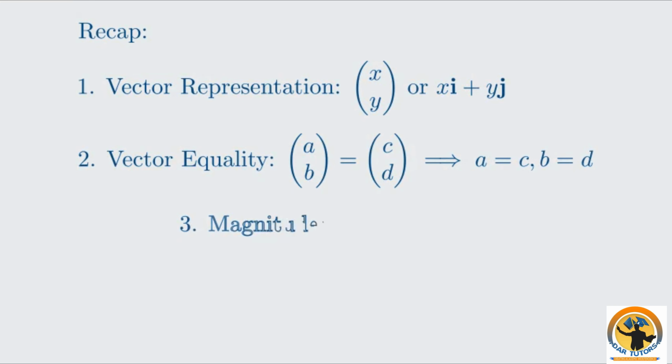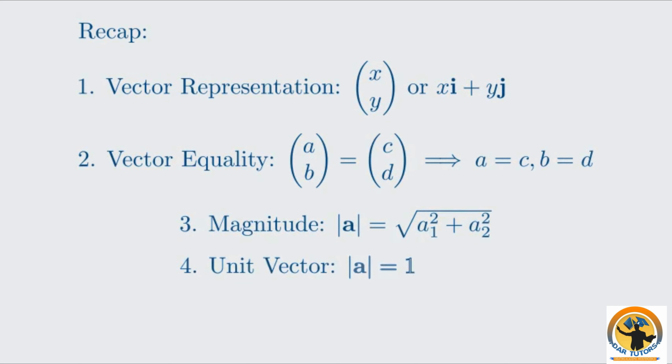Finally, we learned how to calculate the magnitude or length of a vector using the Pythagorean theorem, and we defined a unit vector as any vector with a magnitude of 1. These concepts are the building blocks for all of vector geometry and will be crucial as you progress in your IB studies. You are now able to define and represent vectors, apply vector equality, and calculate vector magnitudes.